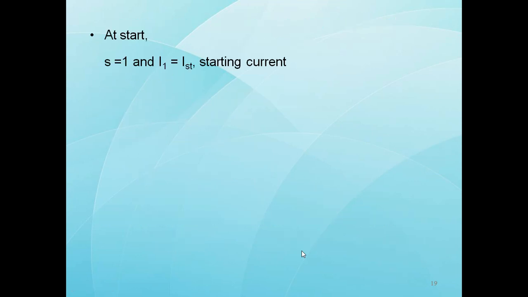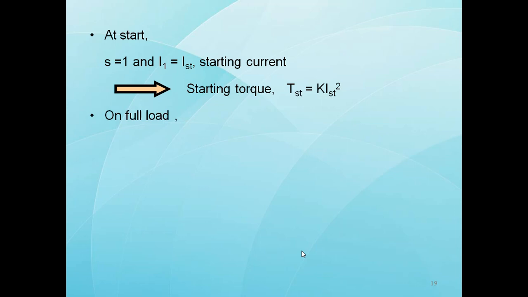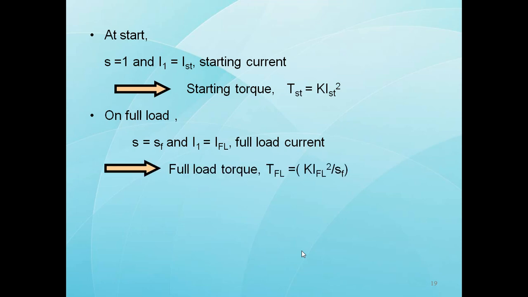At starting, the slip is 1, so I1 is equal to Ist. So starting torque is equal to K into Ist square. On full load, S is equal to Sf, so I1 is equal to If, the full load current. Then what is the full load torque?